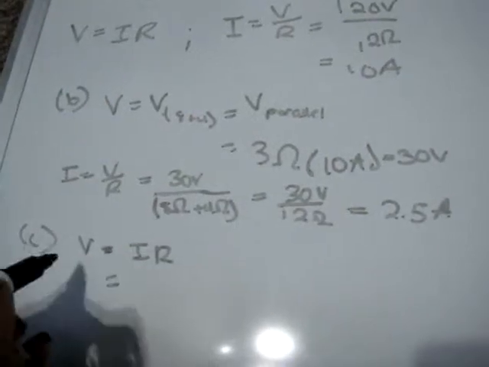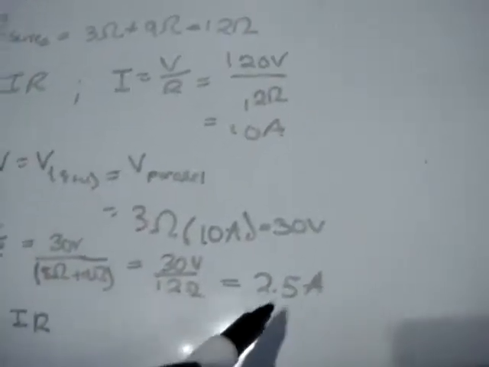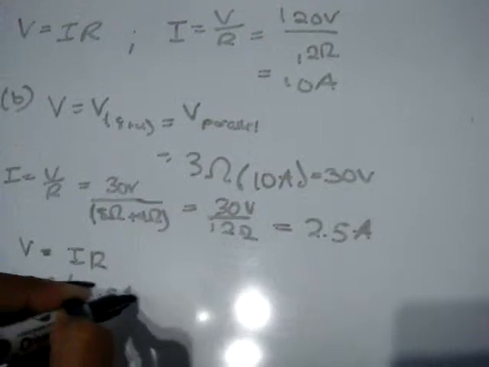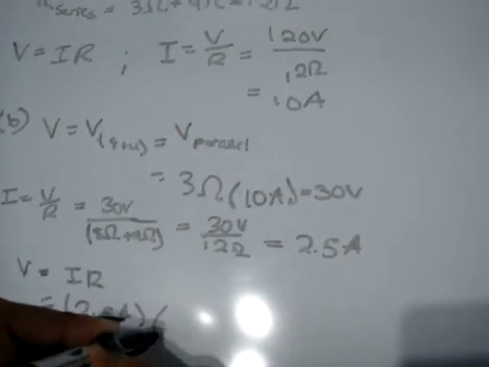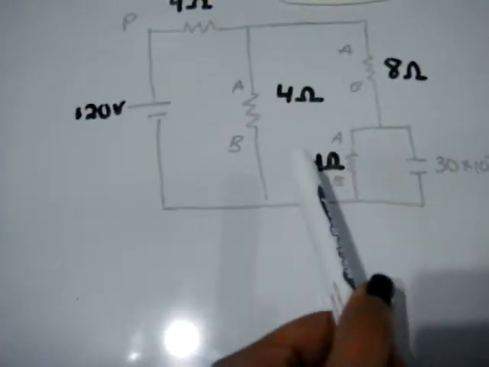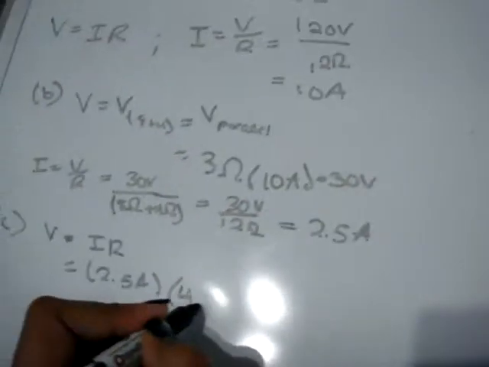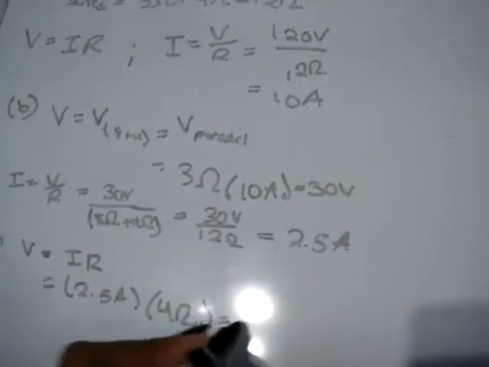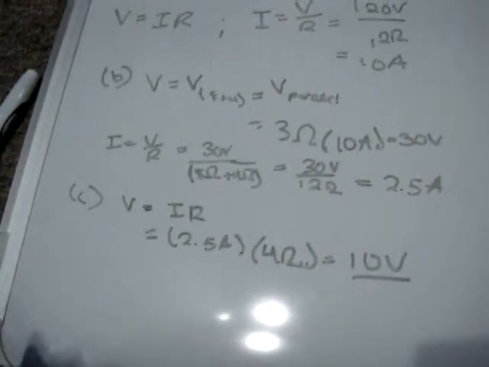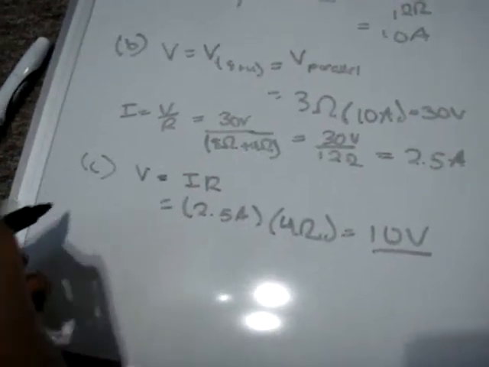And the I, which we found right here, is 2.5 because the capacitor's in this line, equals 2.5 amps times, and then we want the resistance, which is in this capacitor, is 4 ohms, so times 4 ohms, and that gives us 10 volts. And that's basically it. That's all we need for the voltage, or the potential difference.